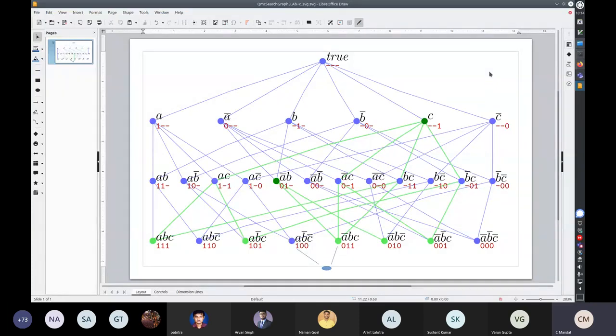Can anyone recollect the basic step in the stone construction of a Boolean lattice? So from level i, how do you go to level i plus 1? I mean, you start at the atoms and then you go to the higher levels. How do you do that?